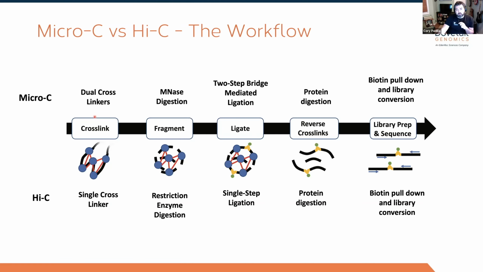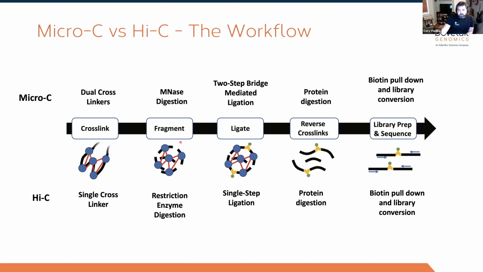And so our dual cross-linker does a few things for us. One, makes the chromatin structure a bit more stable. And it does that by binding proteins to proteins, which actually helps us enrich for that long-range information. And then it also keeps the molecules quite stable during the digestion.